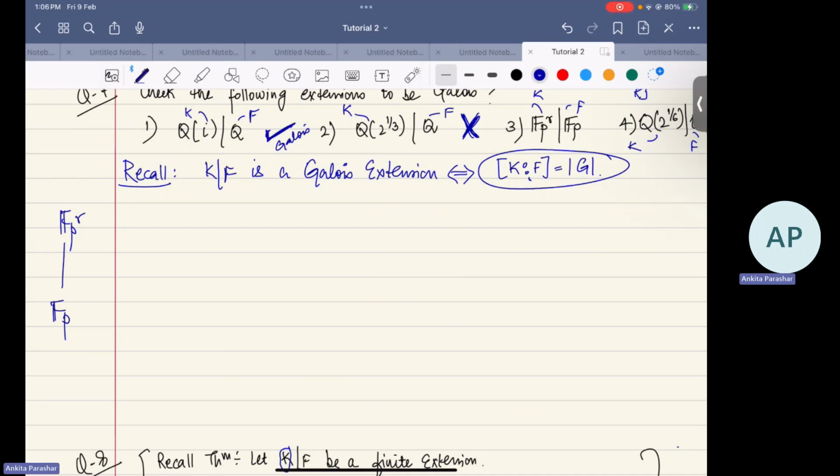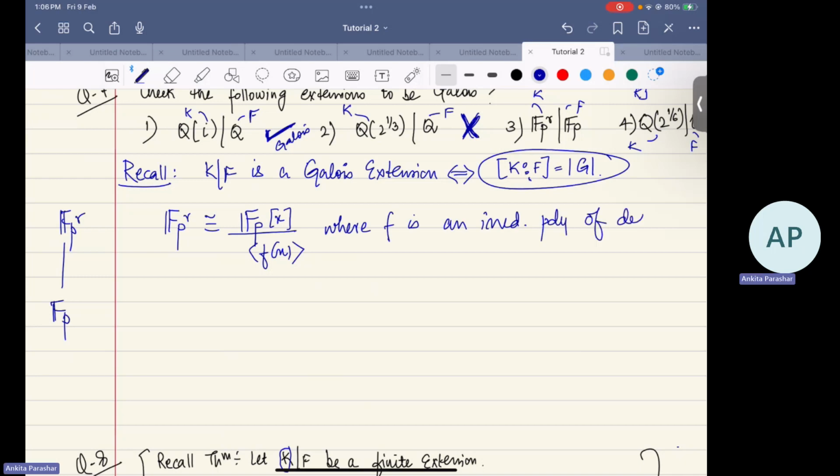All right, so first of all, the degree. By the structure theorem, you know that this is nothing but F_p[x]/(f), where f is an irreducible polynomial of degree r over F_p.